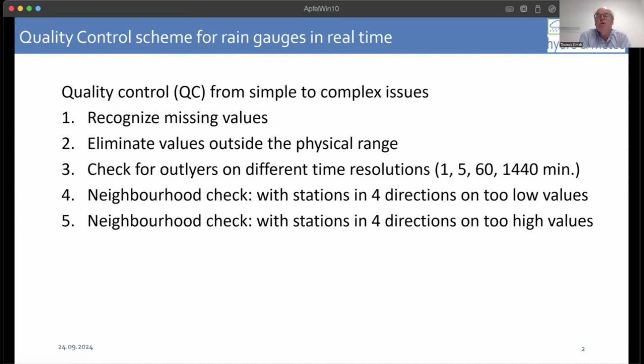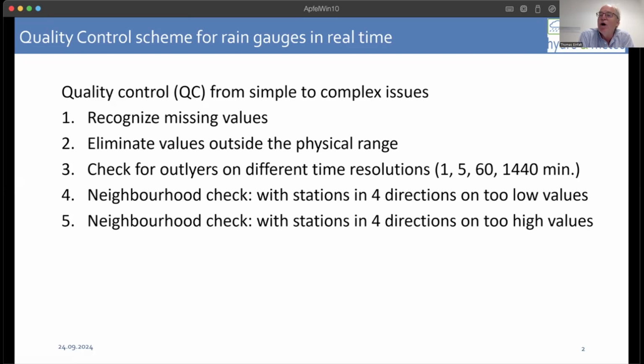You can also do this for too high values. So if the station that is examined has a very high value, then you can look around, but you have to be more careful here, since convective rainfall can be very localized.